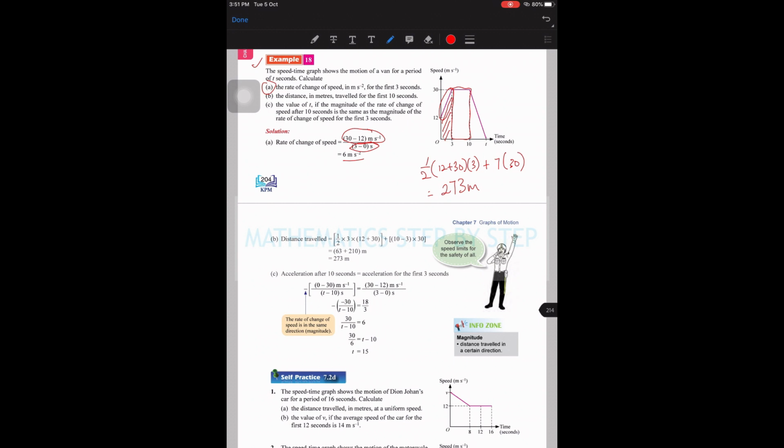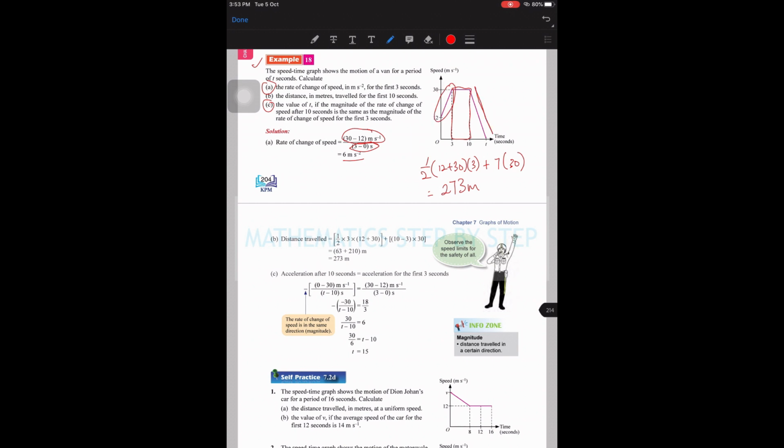Then part C, the value of t, if the magnitude of the rate of change of speed after 10 seconds is the same as the magnitude of the rate of change of speed for the first 3 seconds. So meaning that the steepness here is the same as the first 3 seconds, okay? So meaning the gradient is the same. We'll ignore the negative sign, okay?